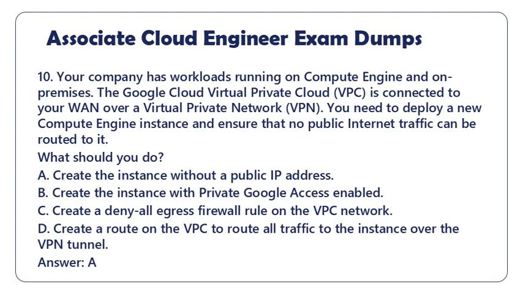A. Create the instance without a public IP address. B. Create the instance with Private Google Access enabled. C. Create a deny all egress firewall rule on the VPC network. D. Create a route on the VPC to route all traffic to the instance over the VPN tunnel. Answer: A.